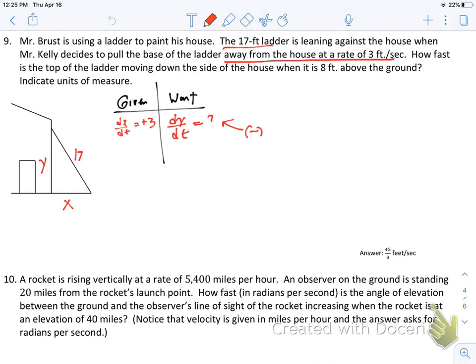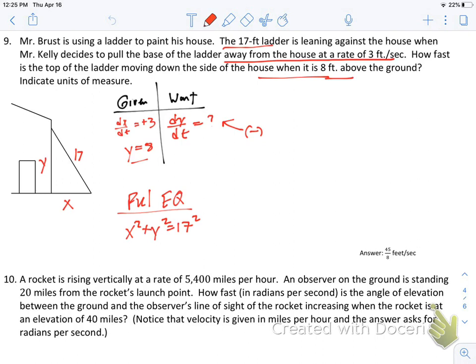I don't have the number and I'll solve for it, but I'm anticipating a negative value because if the ladder's sliding down the wall, y will be getting smaller, and that's a shrinking. Okay, so here goes. They also told me, how fast is the ladder sliding down the wall when y equals 8? When it's 8 feet above the ground, that's a y measure above the ground. And if anything about that throws you off, just rewind and look at it or ask me later.